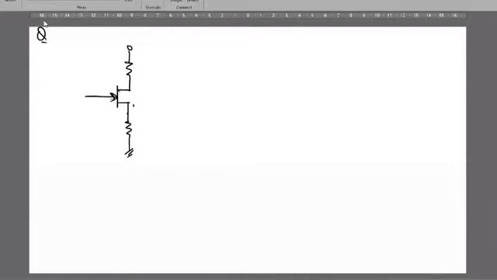This is RG, and this is RD equals 3.3 kilo ohm.